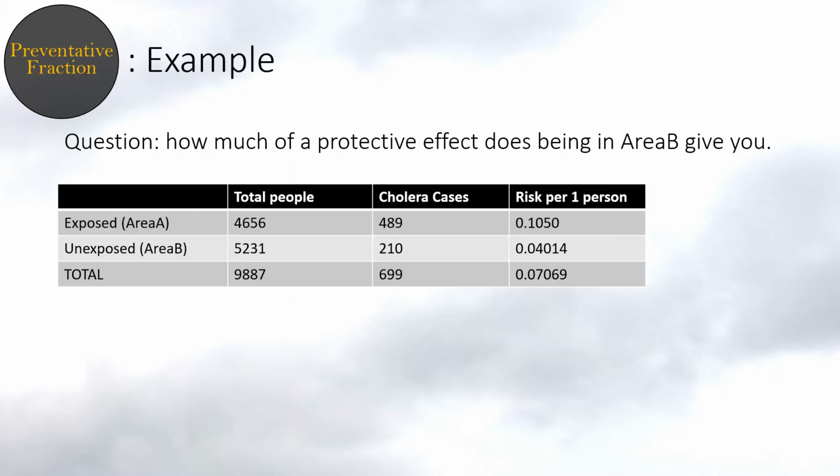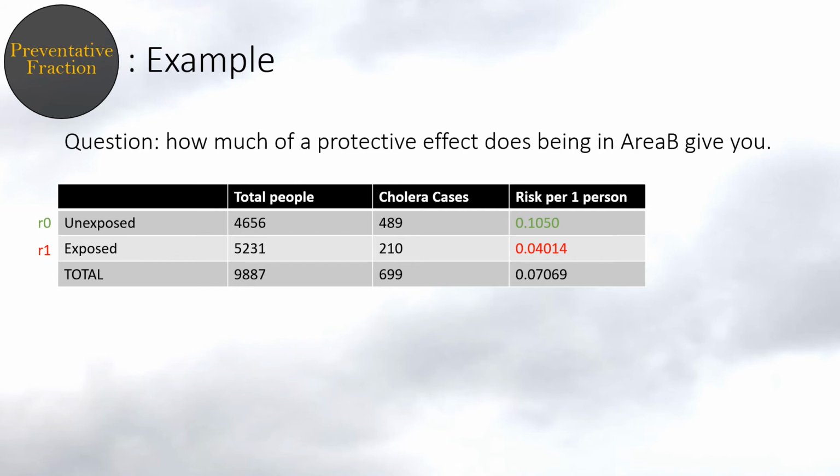So we've got the little table that you're familiar with from before. Now, R1 exposed, R0 unexposed or non-exposed. Now let's flip it around again, where the exposed actually shows the risk per one person, which is less than the unexposed, right?